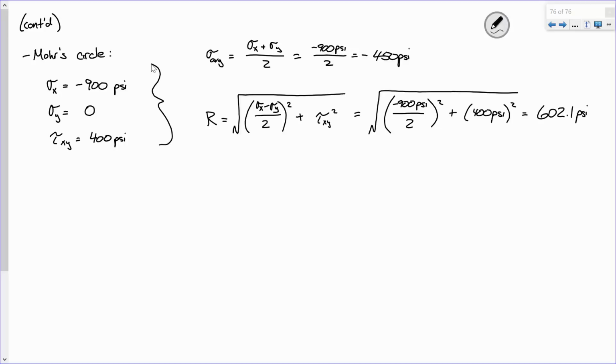I propose that sigma 1 is sigma average plus R. Sigma 2 is sigma average minus R. So what do those come out to be? And the next one.